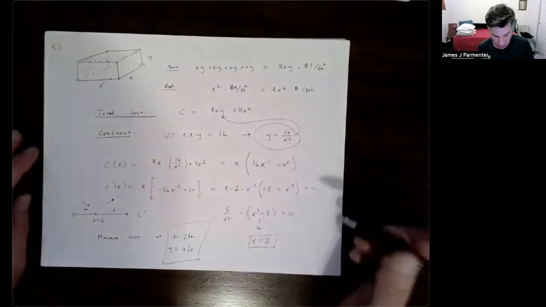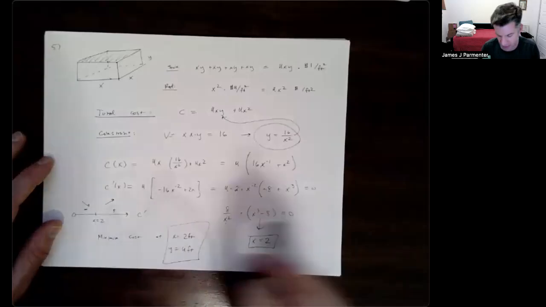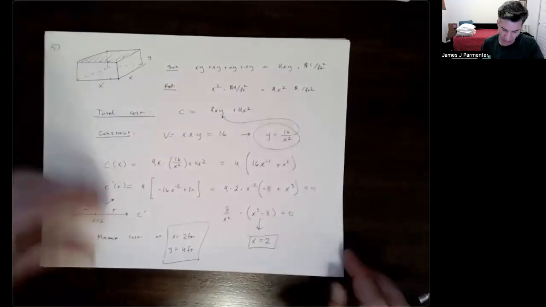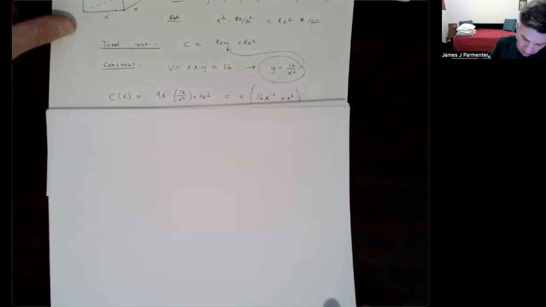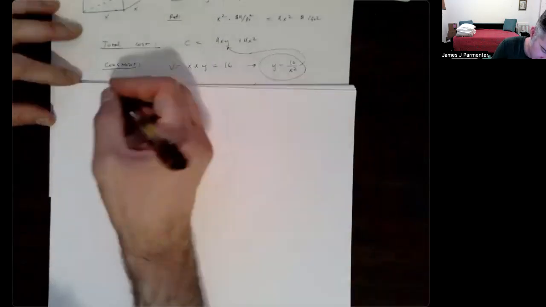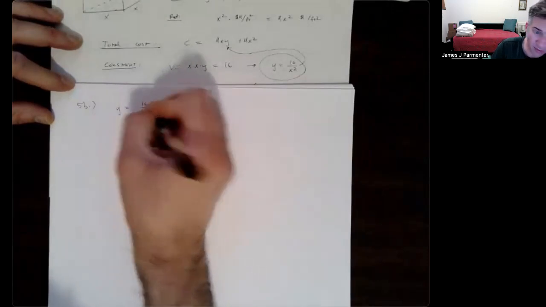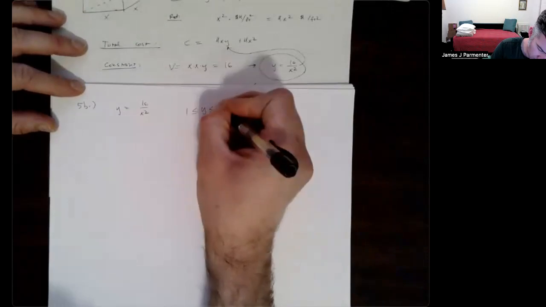So yeah, let's write some stuff. Fair point, this is not a bad question. We're given that y equals 16 over x squared, and that y has to be between 1 and 2.